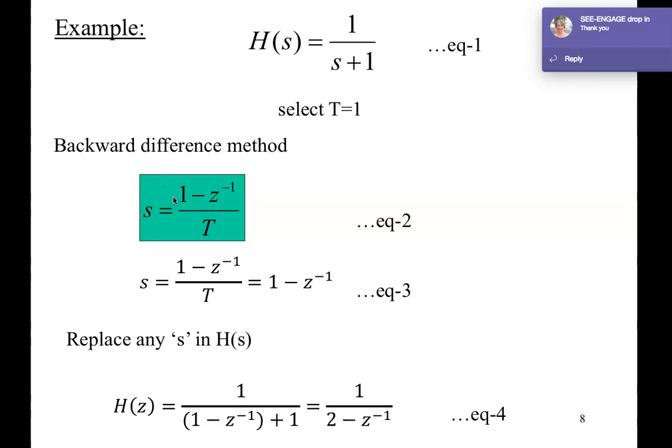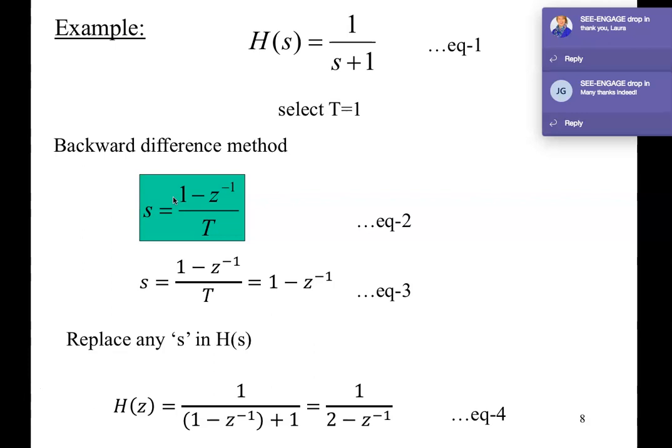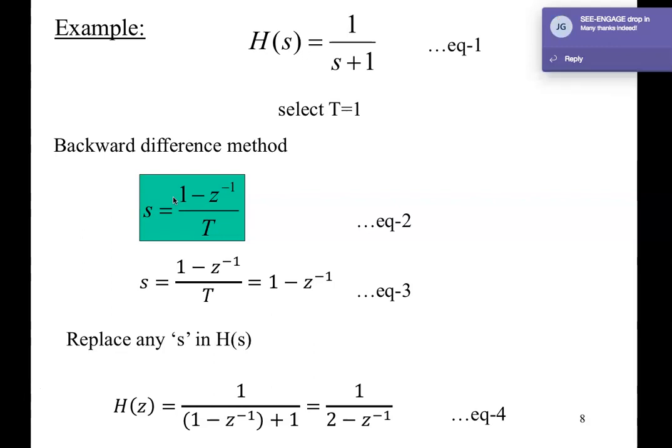Okay, so I'm going to first of all use this example to show how we can actually apply this method to find the discrete time controller. Say the controller I designed in the continuous time is this, Hs equals 1 over s plus 1.